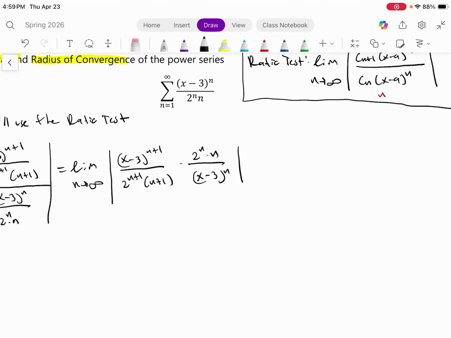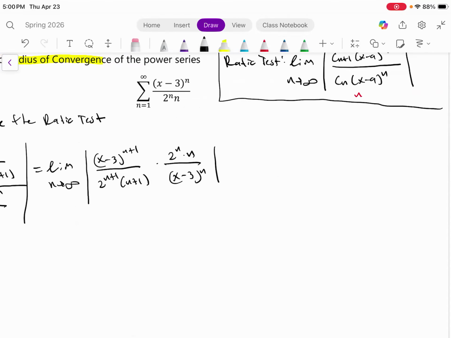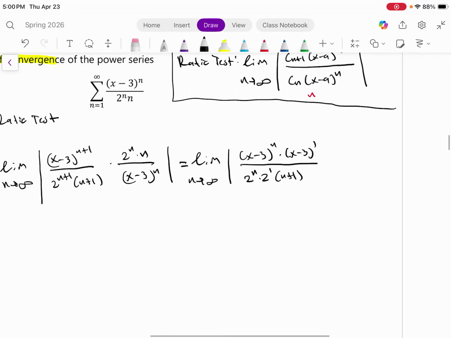Okay, so we can use some algebra and properties of exponents to break this down a bit. So I could separate some of these exponent terms. So this could be (x minus 3)^n times (x minus 3)^1 all over 2^n times 2^1 times (n plus 1) times 2^n times n over (x minus 3)^n, and absolute value.